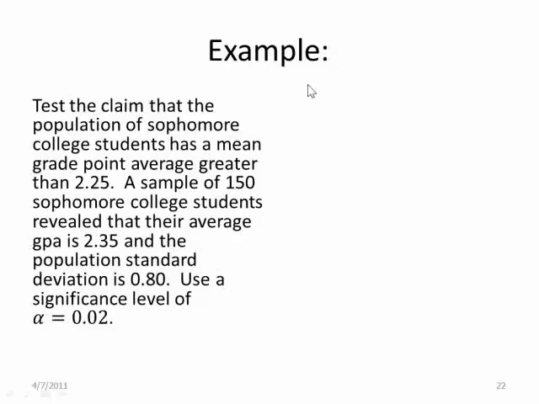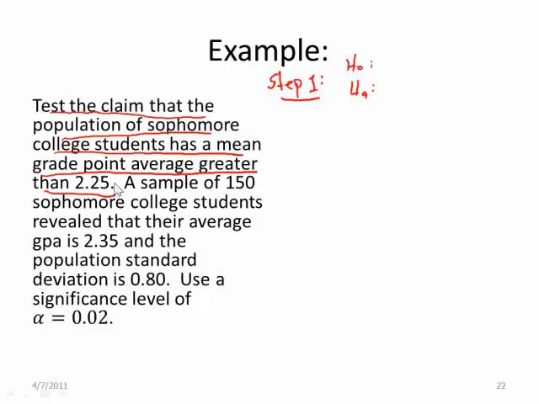All right, so to perform the statistical hypothesis test, step 1, recall step 1 says we need to state the null and the alternative hypothesis. So here we come back over to our little paragraph, and we read that right here in the first sentence: test the claim that the population of sophomore college students has a mean grade point average greater than 2.25.